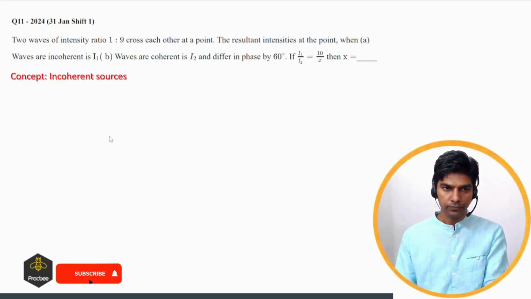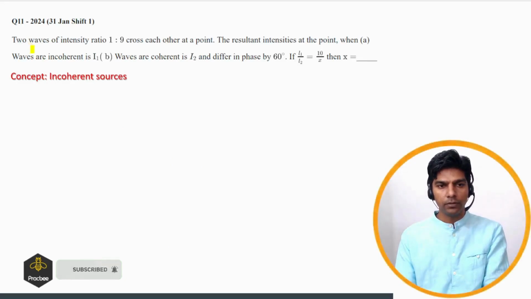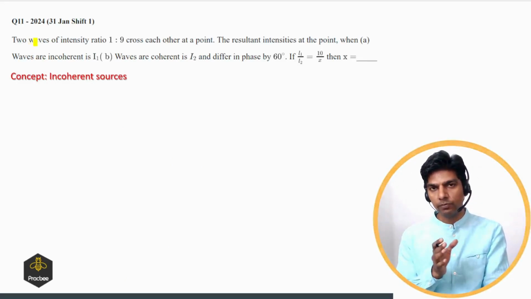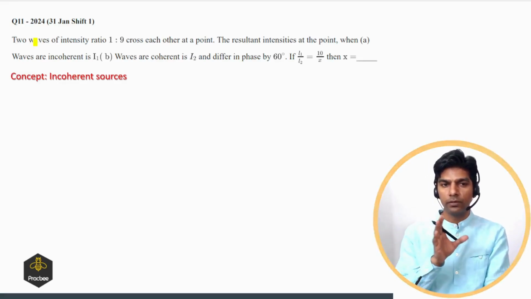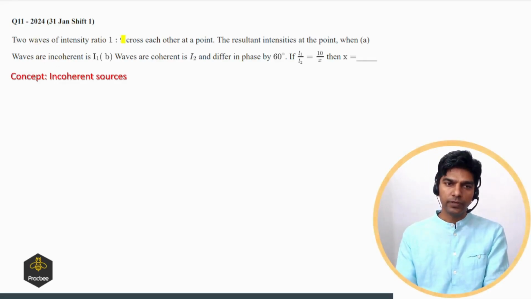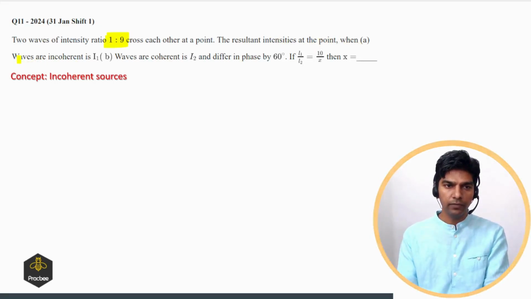Right, so let us see the next question. Now this is the second problem type in interference, where we have to find the intensity due to incoherent sources. Two waves of intensity in ratio 1:9 cross each other at a point. Find the resultant intensity at the point when the waves are incoherent.